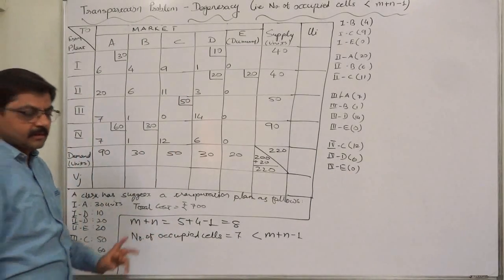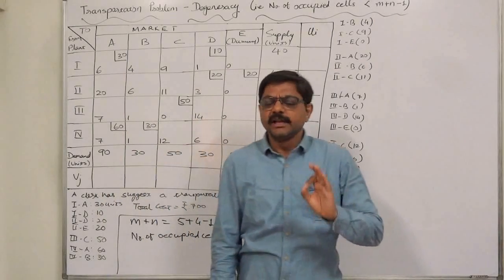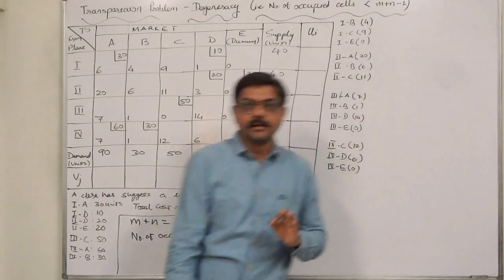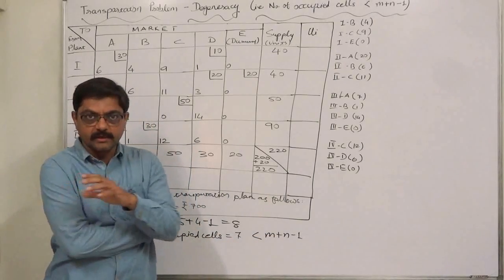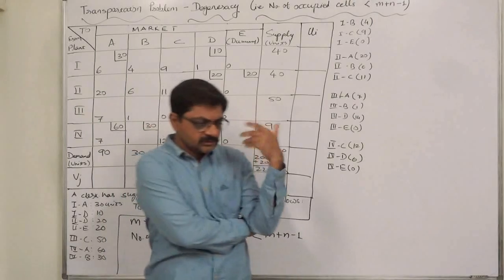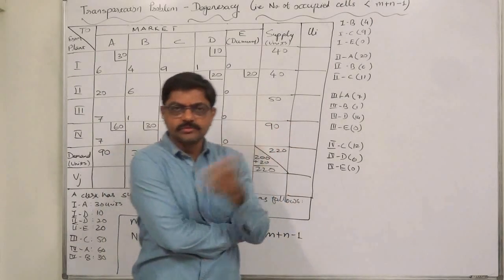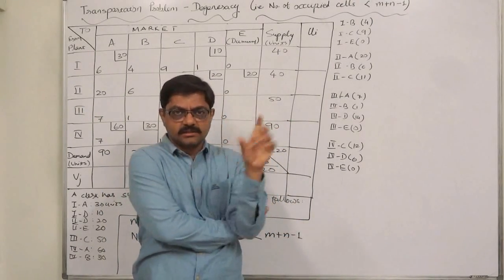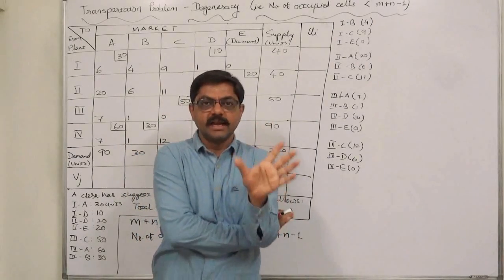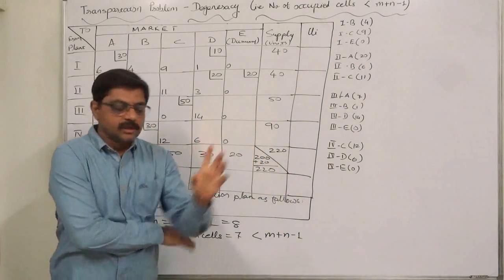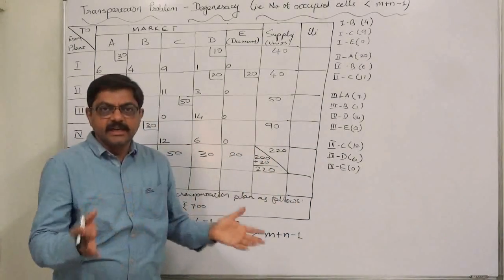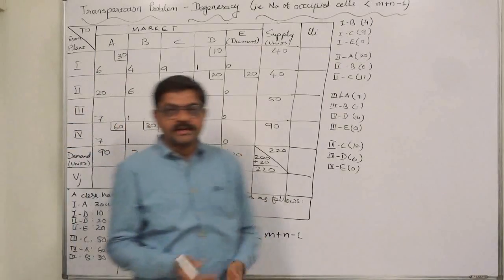Which one? The rule is to select an independent empty cell. Now what do we mean by independent empty cell? If we refer to the reference book, or go through lectures and seminars of some seniors, they always say this statement: select an independent empty cell and put the sign of epsilon into it to treat it as an occupied cell.